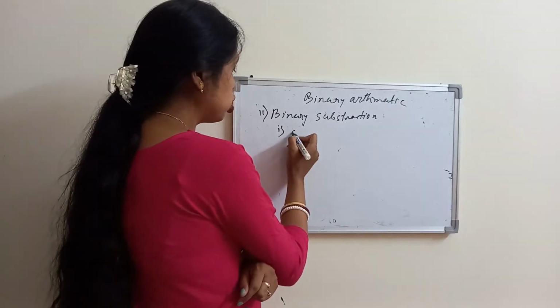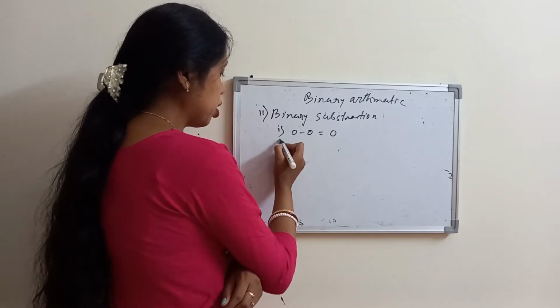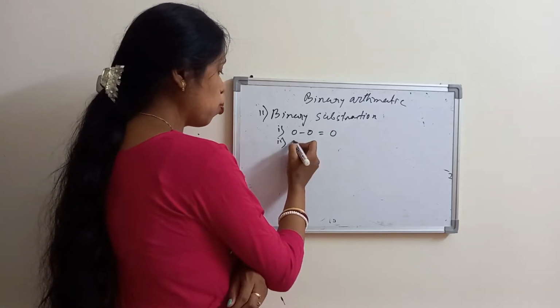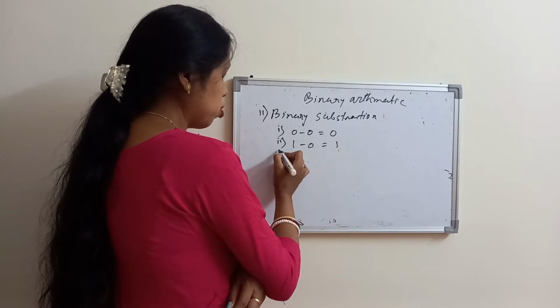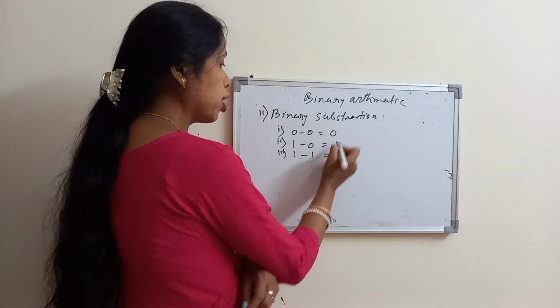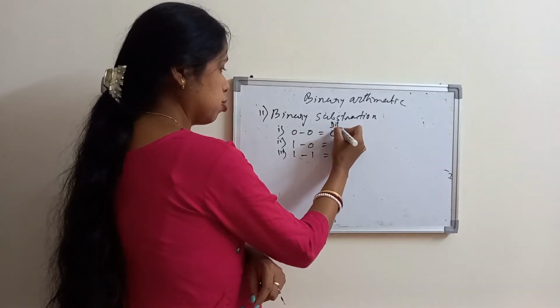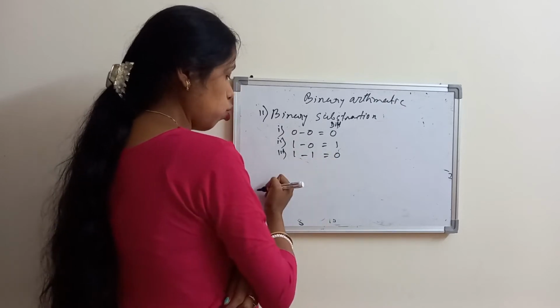So 0 minus 0, 0. Secondly, if you subtract 0 from 1, 1 minus 0, simple, 1. Third, if you subtract 1 from 1, this is the difference, 1 minus 1, you will get 0.